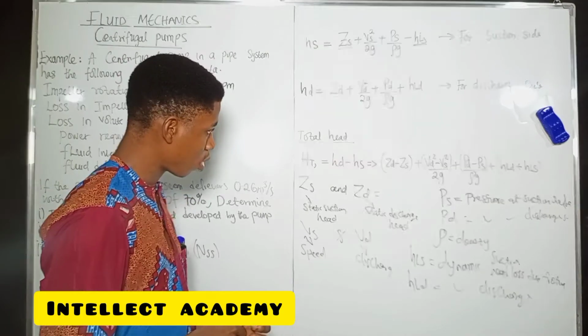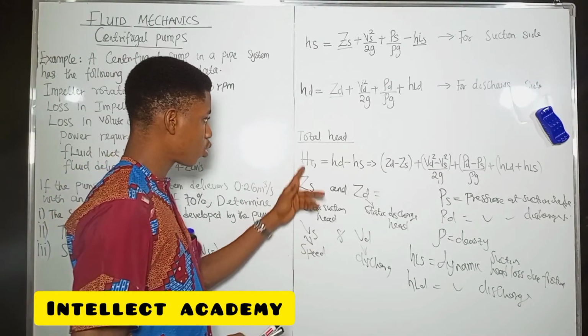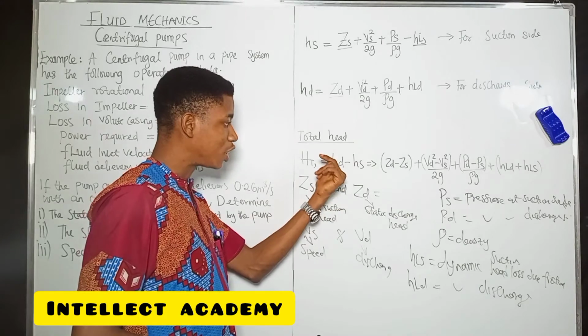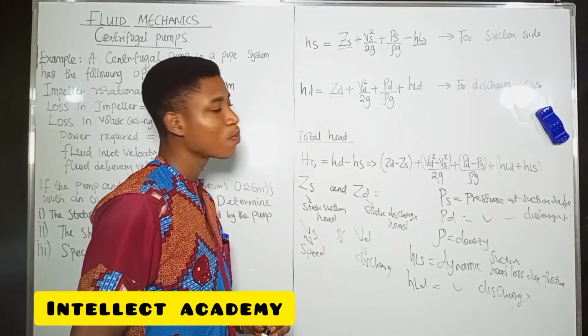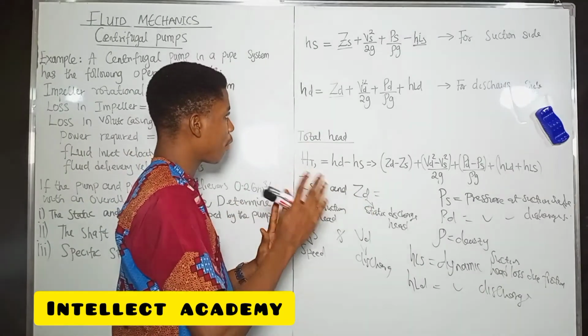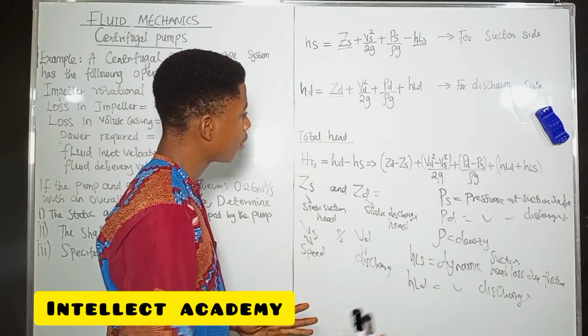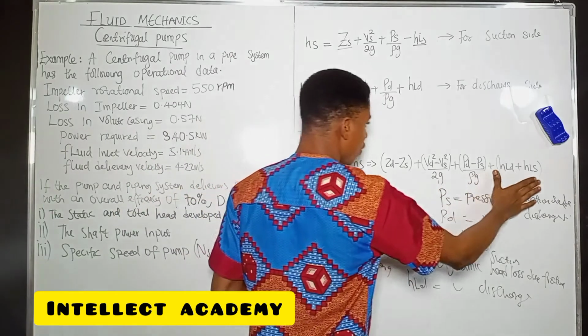So now the next thing we're going to talk about is the total head loss. The total head is the discharge head minus the suction head. Take note that if you perform a collection of like terms, it's going to be simplified to give you this expression.